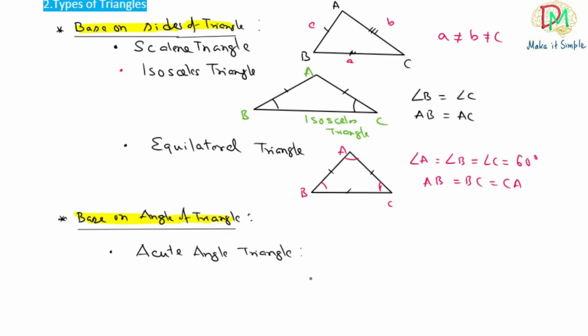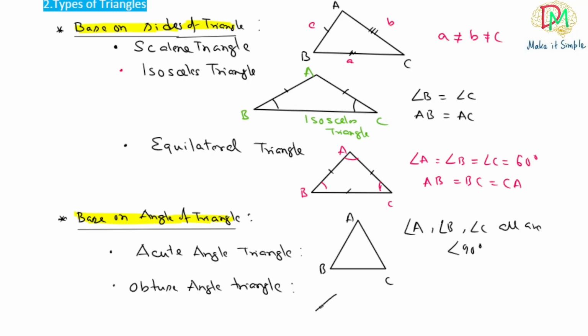Based on the angle of the triangle, first of these type triangles is acute angle triangle. When the three angles are less than 90 degree, it is the acute angle triangle. Then is obtuse angle triangle.